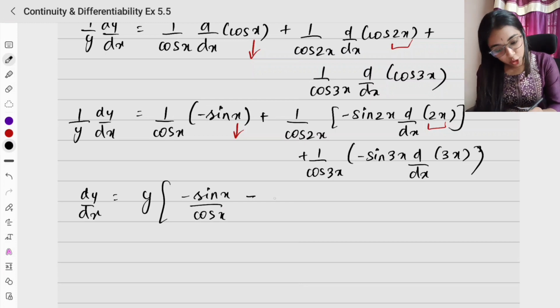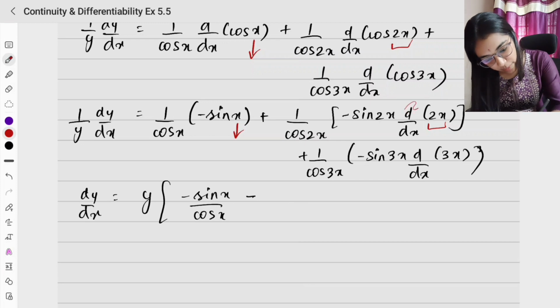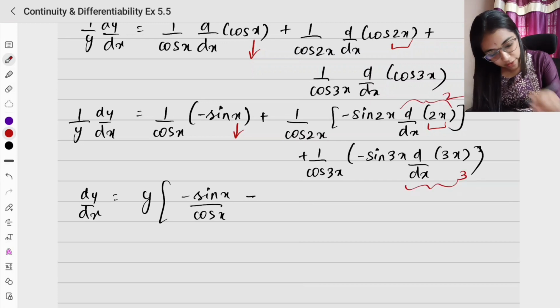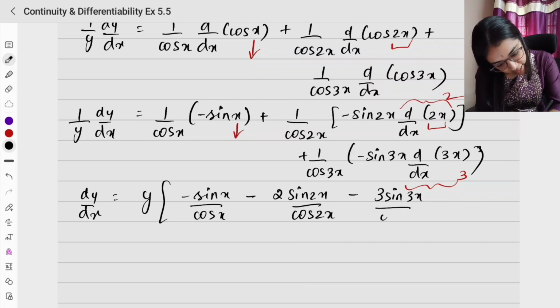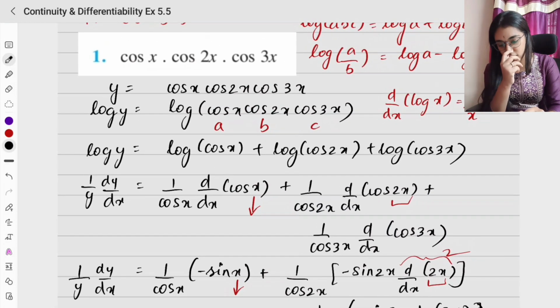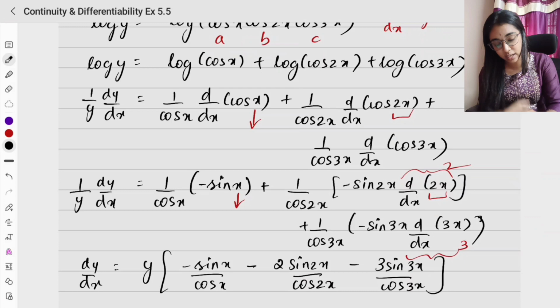minus sin x divided by cos x minus 2. d by dx of 2x is going to be simply 2. This one is simply going to be 3. So I'll have minus 2 sin 2x divided by cos 2x minus 3 sin 3x divided by cos 3x. But what is my y from the question? It is going to be cos x cos 2x cos 3x, correct? That is what we assigned first.